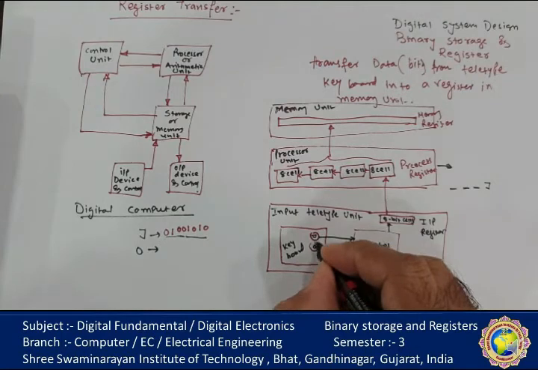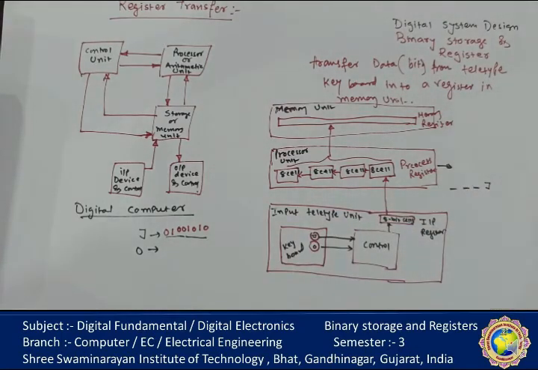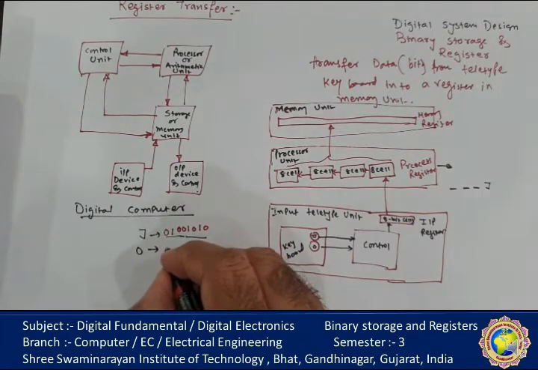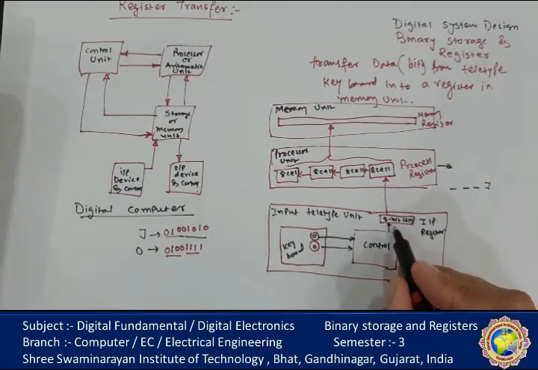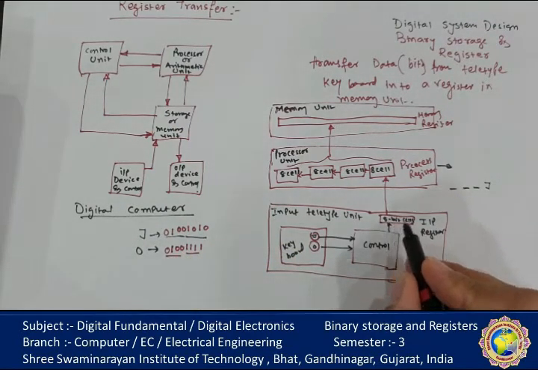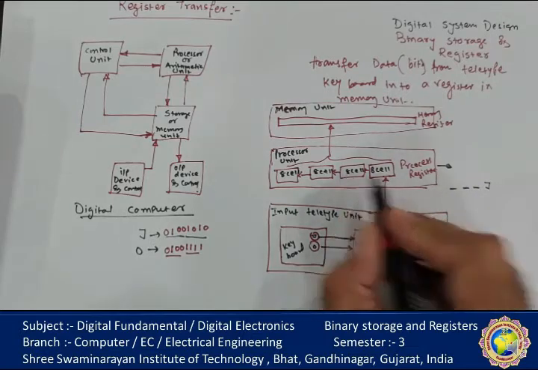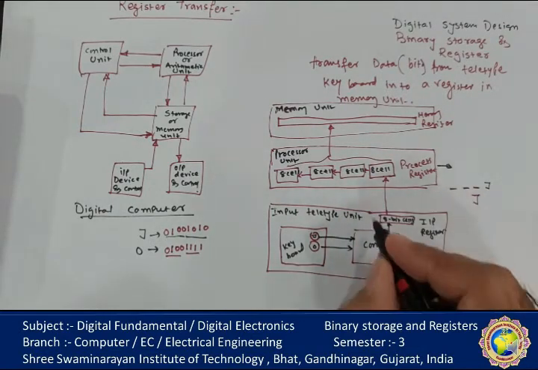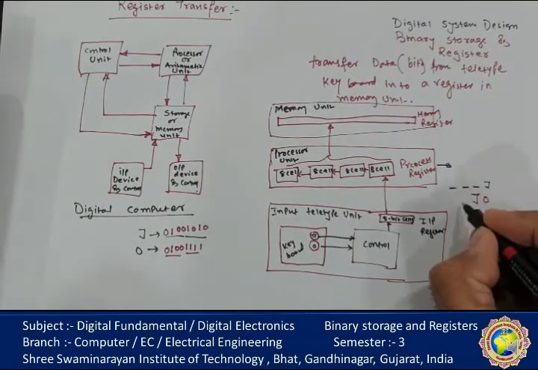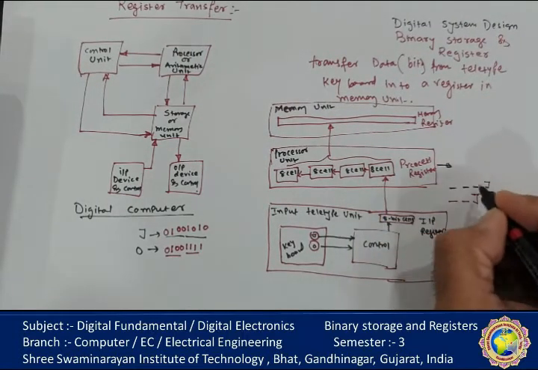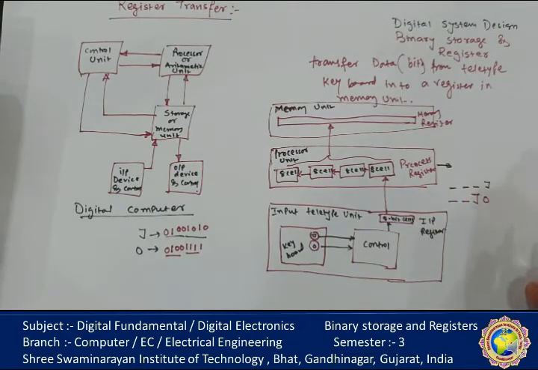The control unit converts O to its equivalent ASCII value, 0 1 0 0 1 1 1 1, 8-bit information, and stores it in the register. Now J is transferred here and O is stored here, so the condition of this register is now JO.